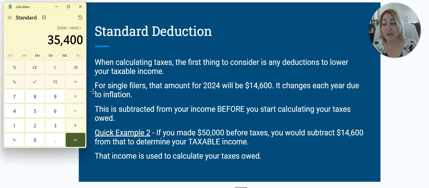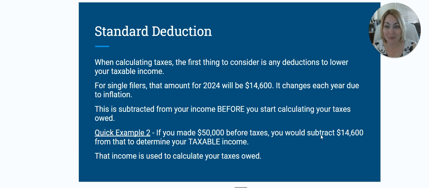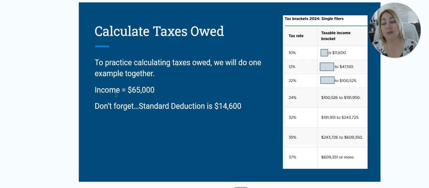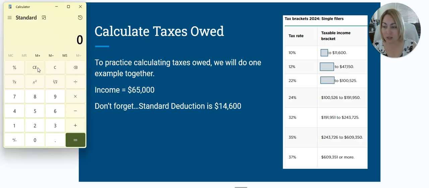Okay? So next what we're going to do is take a look at all of this in action. So we're going to start with an income of $65,000. We're not going to forget the standard deduction. So let's go ahead and just take care of that right out the gate. Let's clear this out.